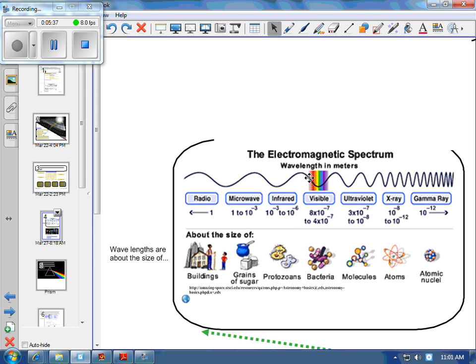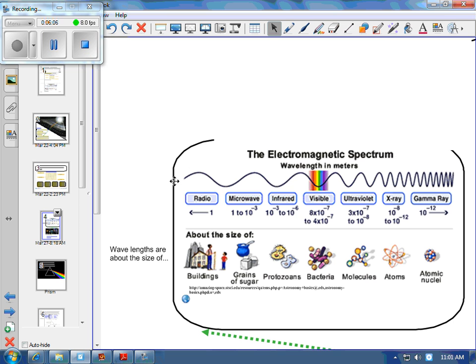Okay. Now, you notice a couple of things. First off, over on the left, we have radio waves. Over on the right, we have what are called gamma rays. And I want you to notice the shape of the waves as you go from radio to gamma rays. All right, and notice that the waves go from being very spread out to very close together.